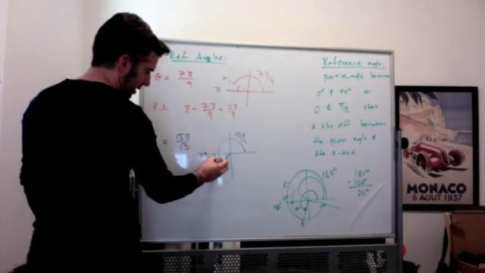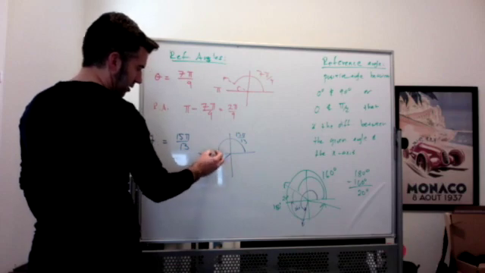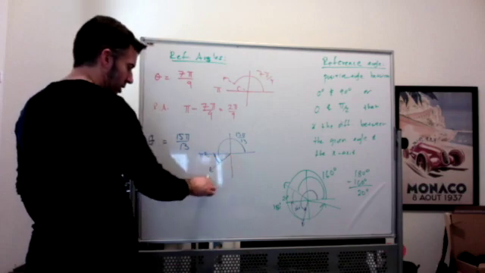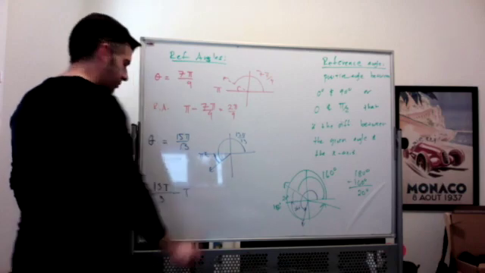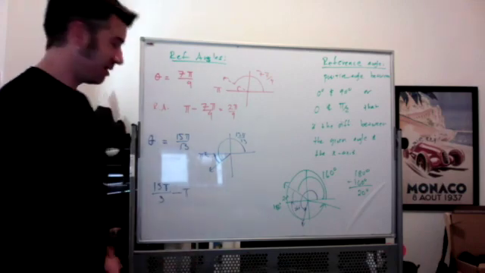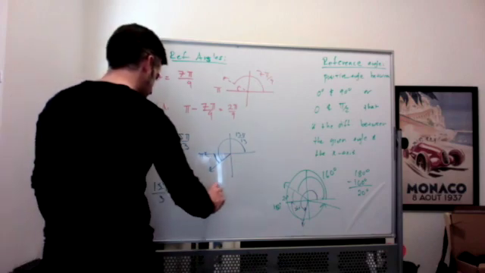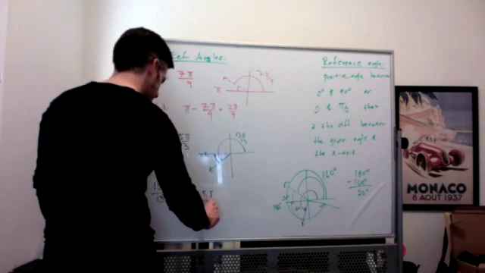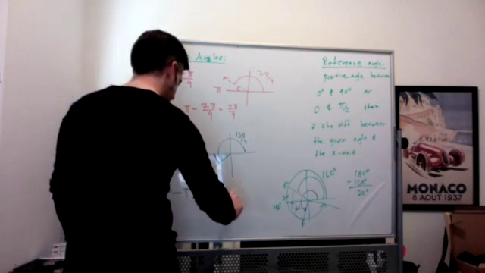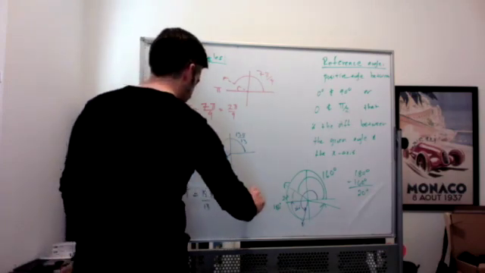So I have to find this difference. From here to here, I'm going to do the bigger one minus the smaller one. Sorry, 15 pi over 13 minus 13 pi over 13, which is 2 pi over 13.